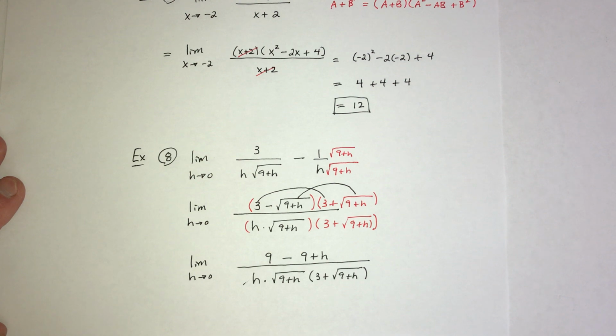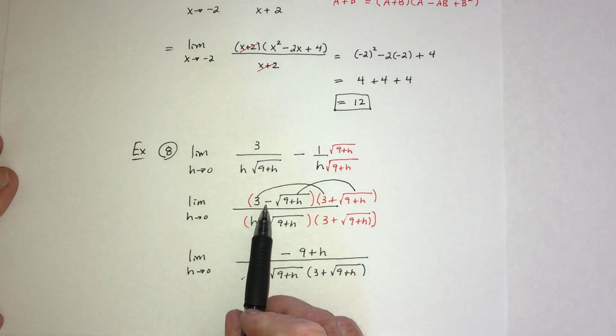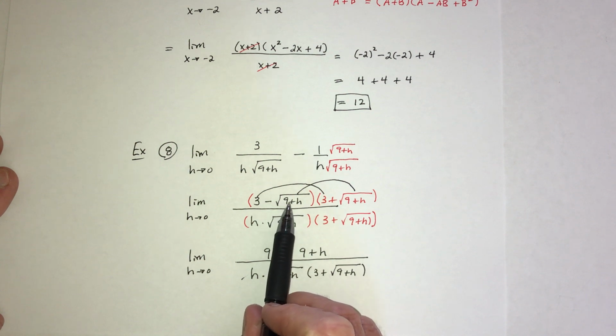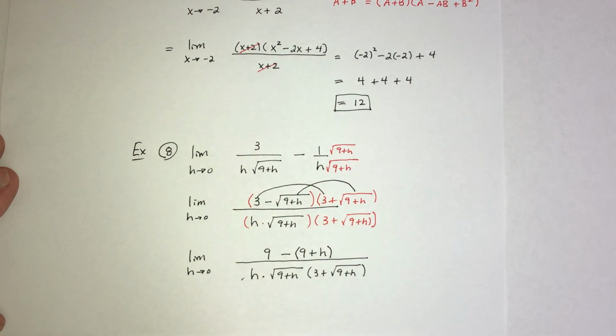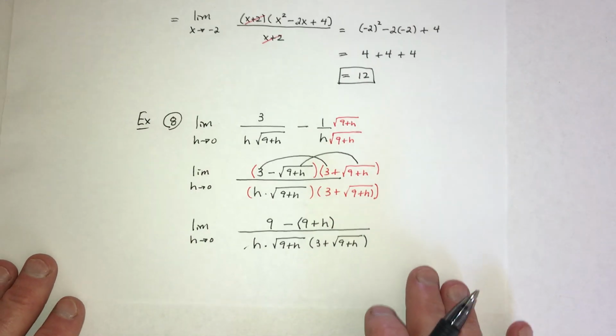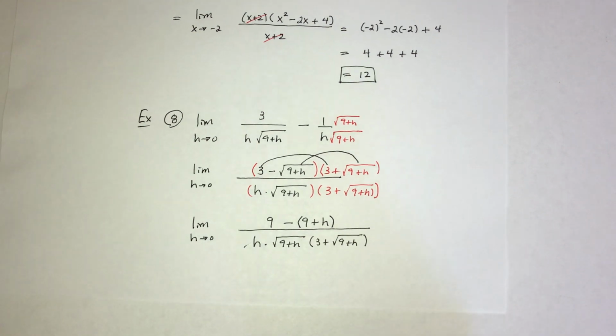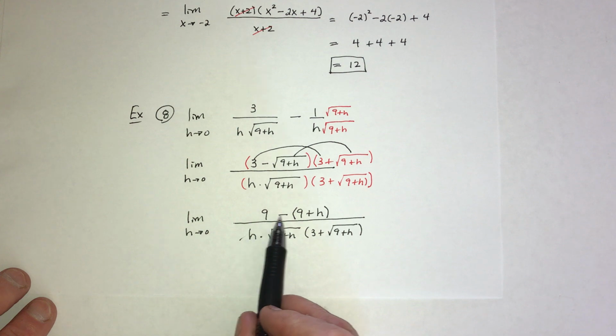Now, if I went on to the next step, I would get the wrong answer, because this negative applies to this whole thing. So I have to have this negative apply to the whole thing, 9 plus h. Okay, now I'm going to get the right answer. So on the top, we're going to have 9 minus 9.